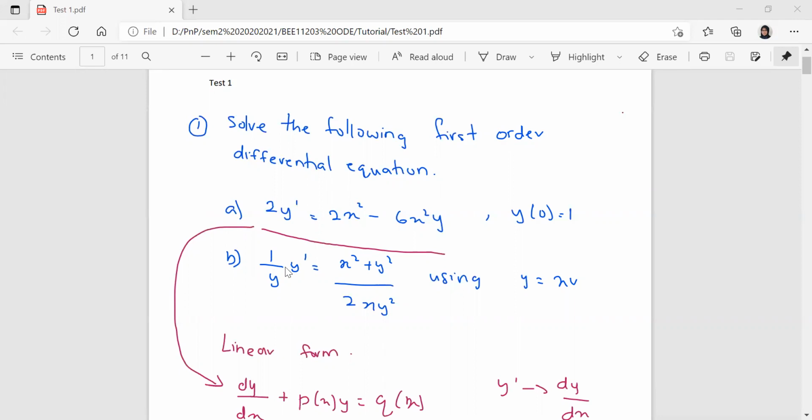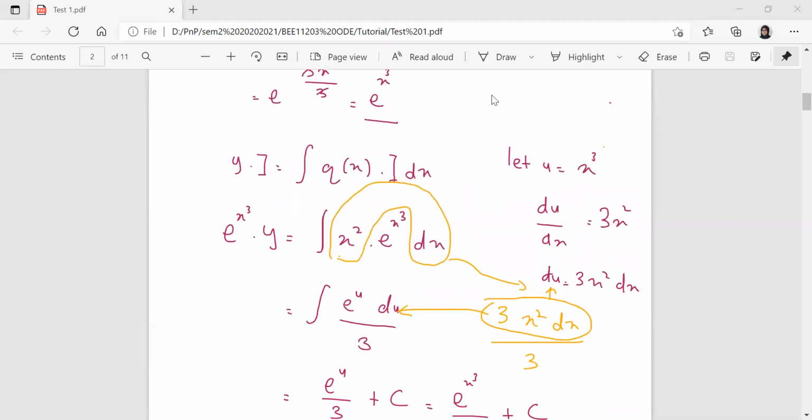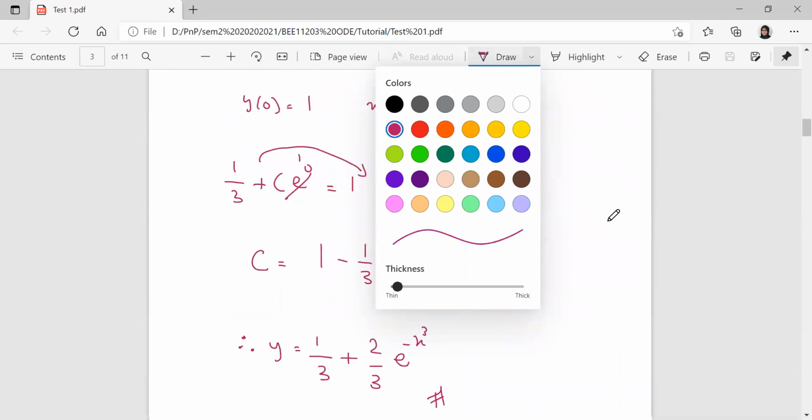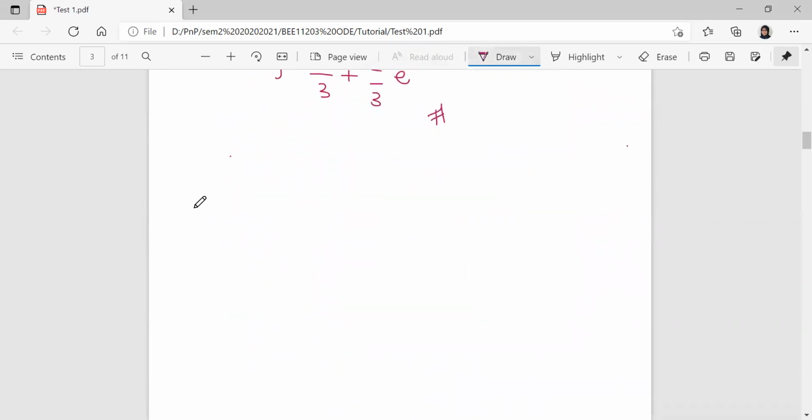So we have 1 over y prime equals x squared plus y squared divided by 2xy squared, and we're going to use y equals xv.